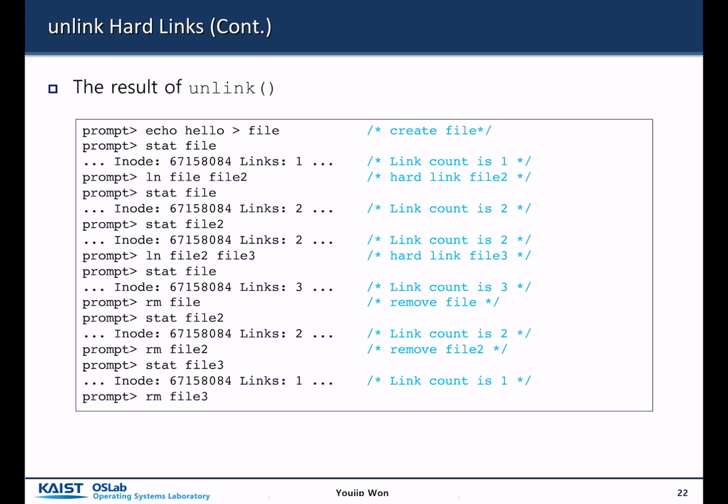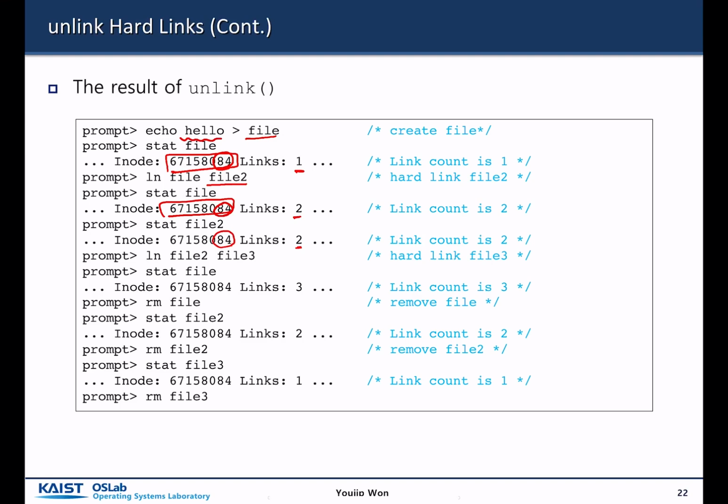So we create the file. It contains HELLO. And then we create a hard link called file F2. Okay. So under the inode number that ends with 84, we have 2 links.